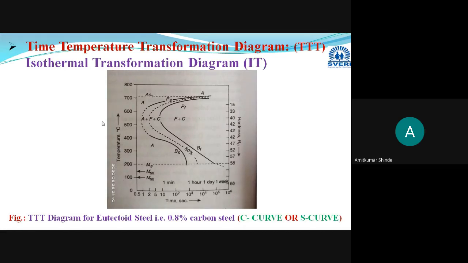Please draw the diagram and put in the chat box that you have finished drawing the TTT diagram. TTT diagram is the time temperature transformation diagram.